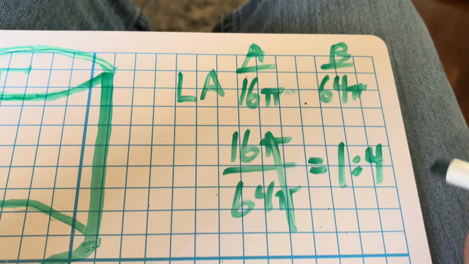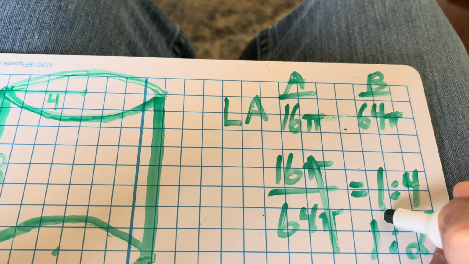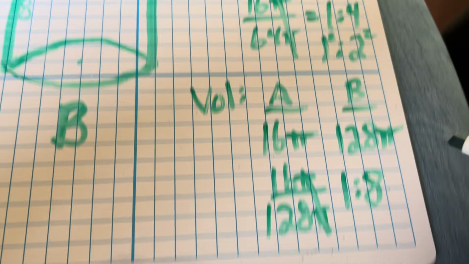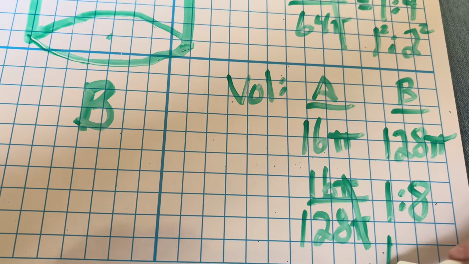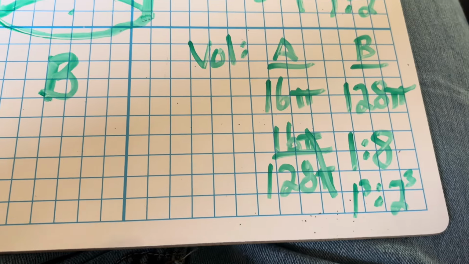We can also think of 4 as 2 squared. And of course, 1 is also 1 squared. Volume, 1 cubed to 2 cubed.